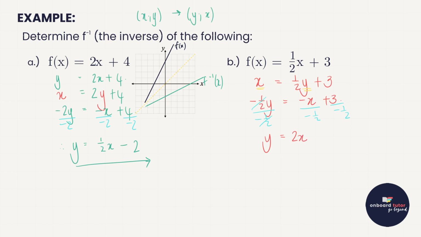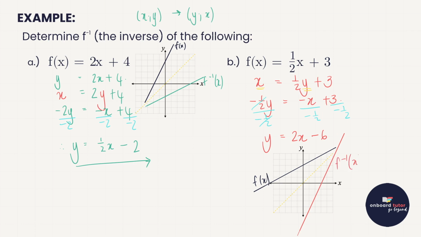And then positive 3 divided by minus a half is going to give us minus 6. So there we have our new equation. And if you were to draw the two, you would once again see that f of x and f minus 1 of x are mirror images of each other in that line y equals x.